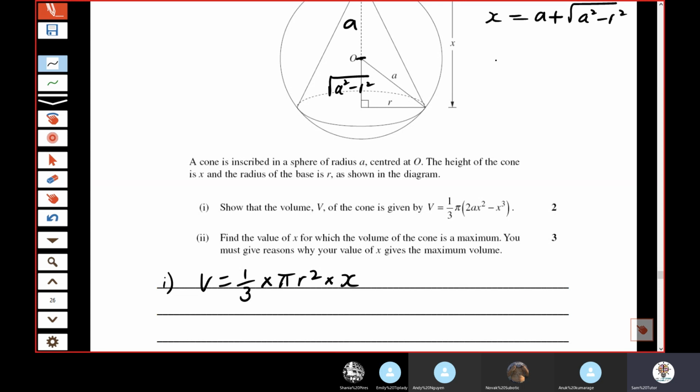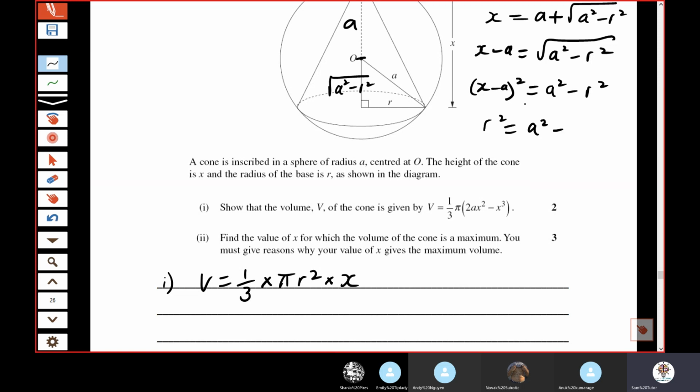That means x minus a equals square root a squared minus r squared. x minus a all squared equals a squared minus r squared. And lastly, r squared equals a squared minus (x minus a) squared.